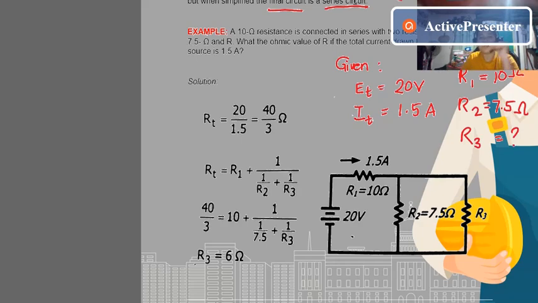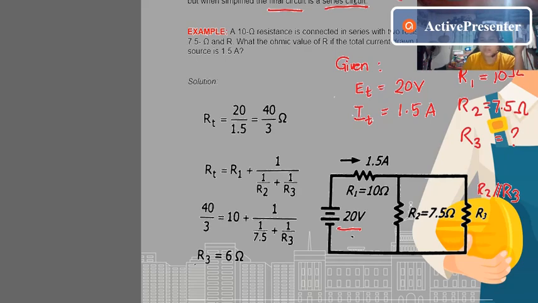So sa atong figure, naay gidagan nga 1.5 current sa atuang R1. And our R2 and R3 is parallel. And naa tay 20 volts nga total voltage or our source.